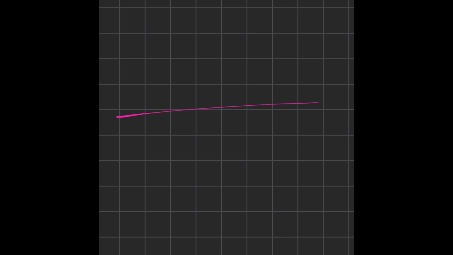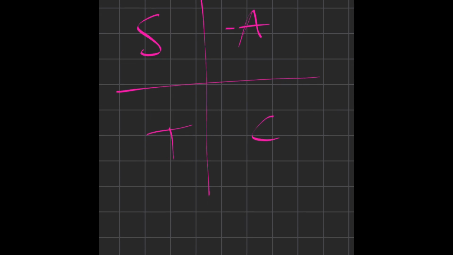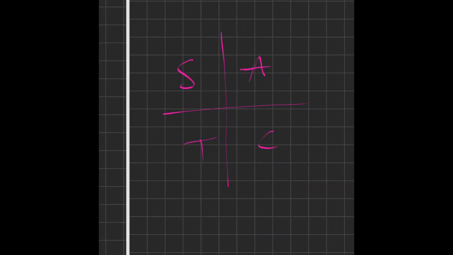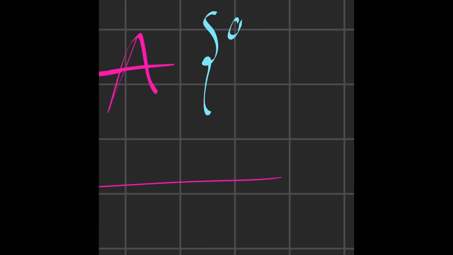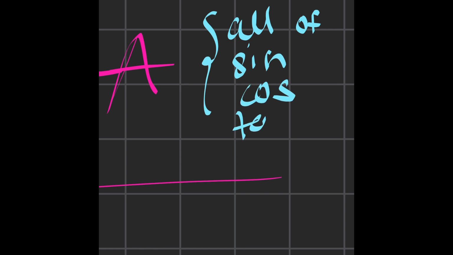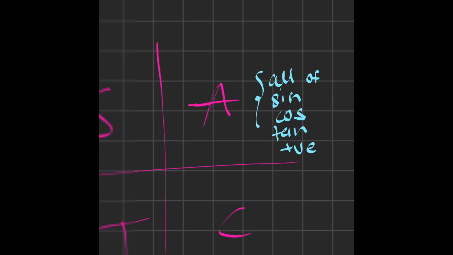Another thing we need to consider is the fact that we're going to take a look at the unit circle, right? Or rather than the unit circle, this thing. Sorry, that's wrong. ASTC, after school to college, or yeah, that's the way I remember. So we have this one, which means all of sine, cos, and tan are positive.